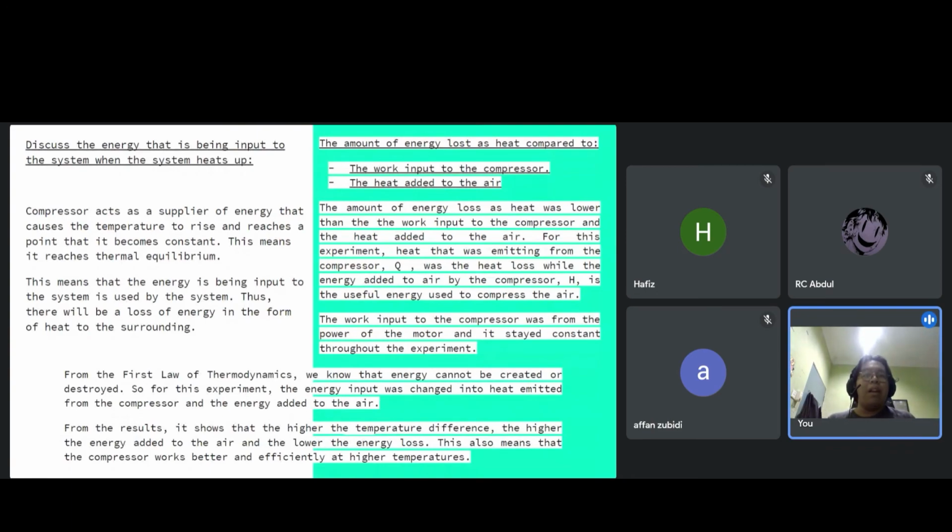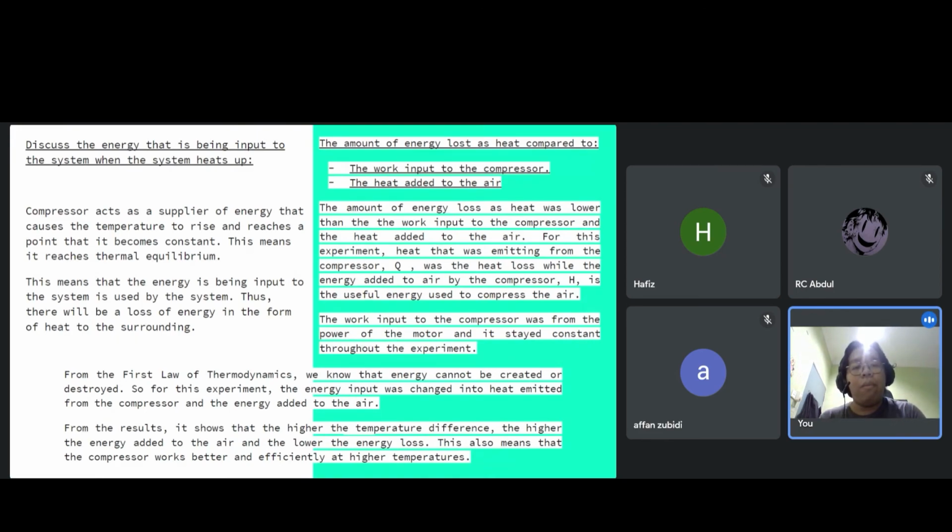For this experiment, the heat emitted from the compressor, which is Q, was the heat loss, while the energy added to the air by the compressor, which is H, is the useful energy used to compress the air. The work input coming from the compressor was from the power of the motor, which was calculated by Afan just now in results, and it stayed constant throughout the experiment.